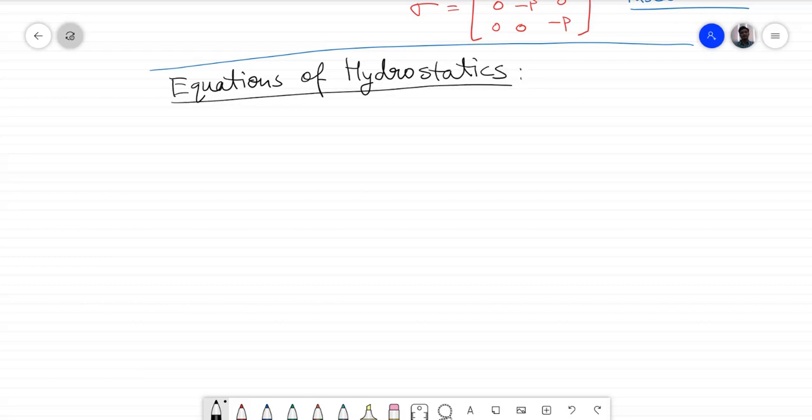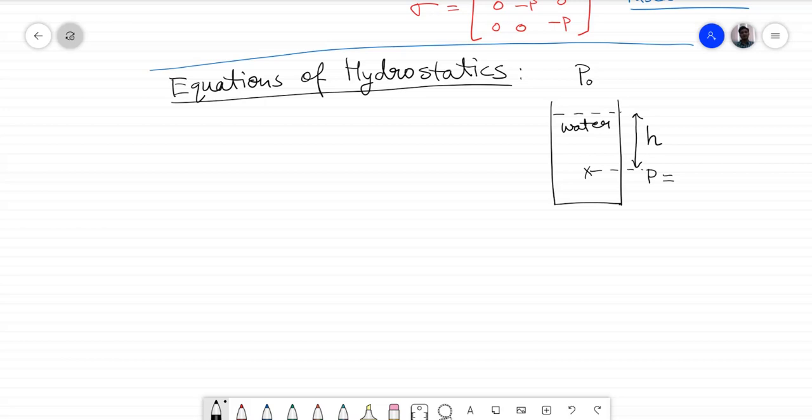Let's say you want to find pressure in a vessel which is open to atmosphere. Let's say atmospheric pressure is P0, and you want to find the pressure in this container. This container is, let's say, filled with water, and at height h from the surface of the water you want to find the pressure at this point.